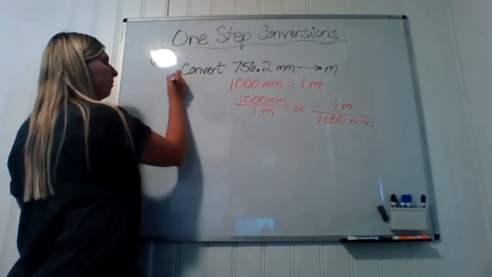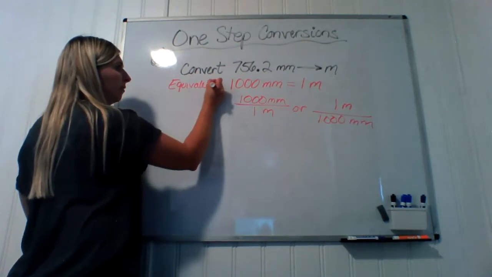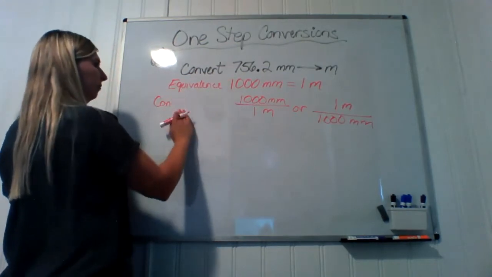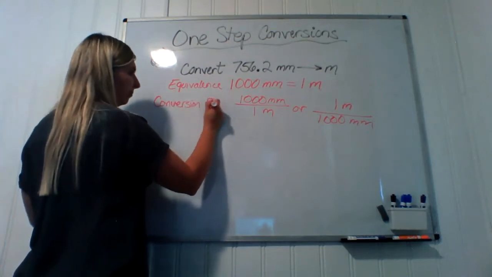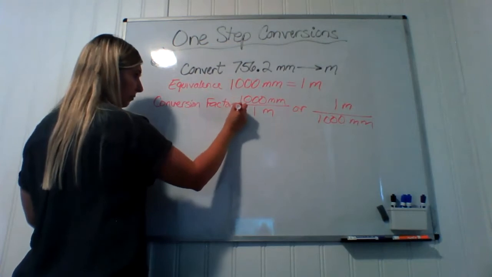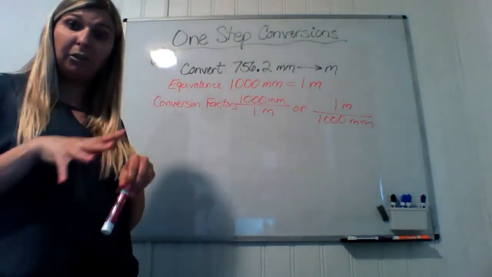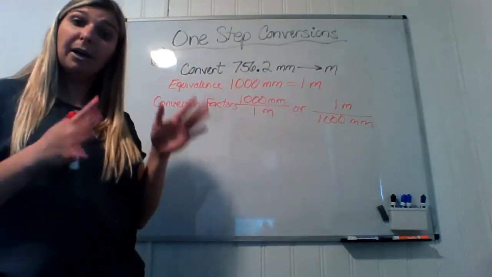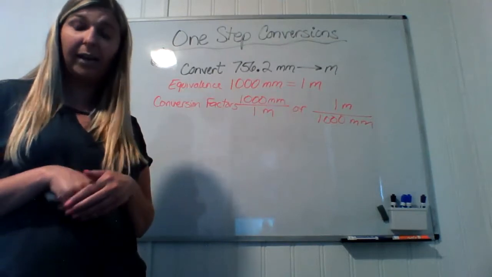Okay, so remember the difference. We have equivalence and we have conversion factors. Okay, so while you are still learning dimensional analysis, I want you to get in the practice of thinking about the two different conversion factors for each equivalence, okay?